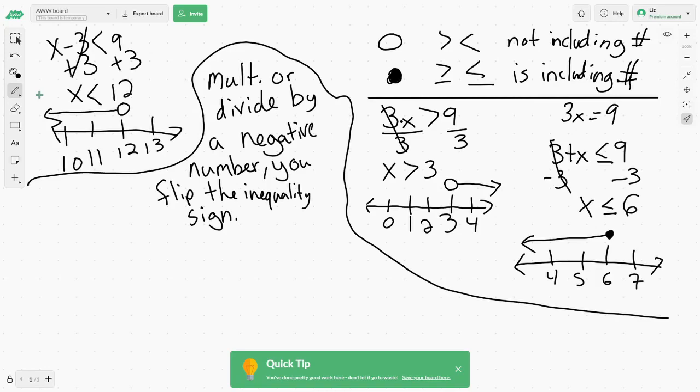So these signs here are going to be flipped if you multiply or divide by a negative. Let's see what that looks like.